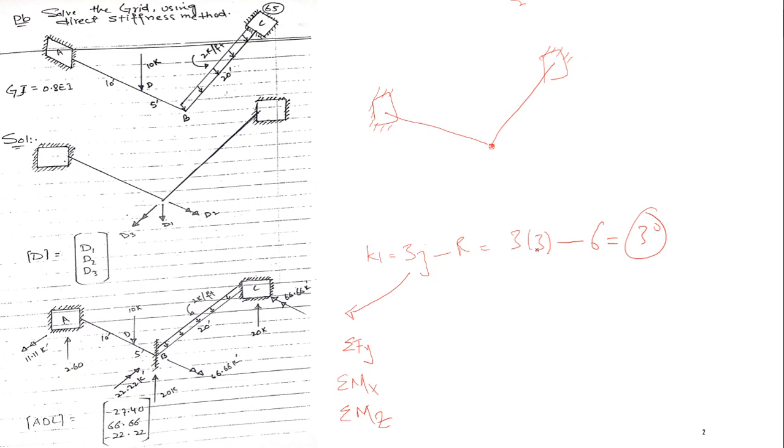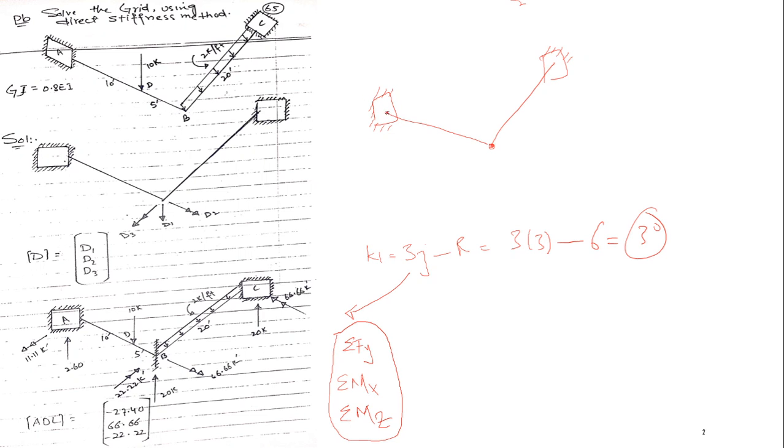I can also find the ki using the inspection method. Because this is fixed and it can resist all 3 reactions, it has no degree of freedom. The maximum possible degree of freedom in a grid for any joint is 3: in y direction, it cannot resist moment in x direction, it cannot resist moment in z direction.